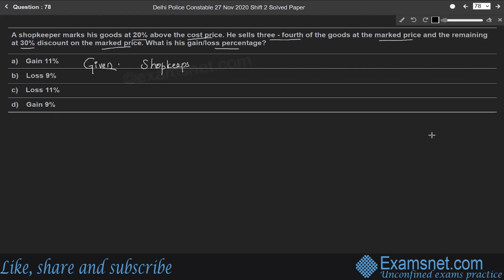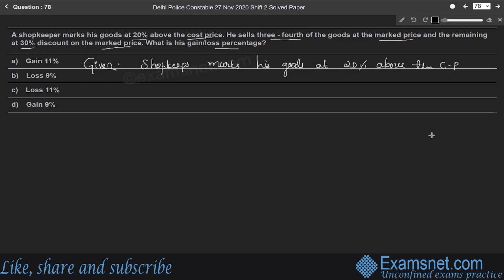Shopkeeper marks his goods at 20% above the cost price, right?